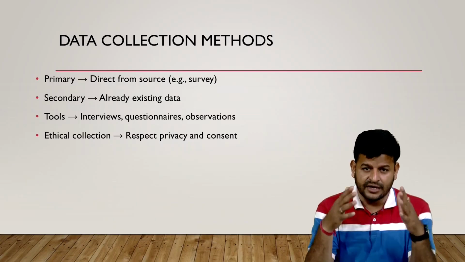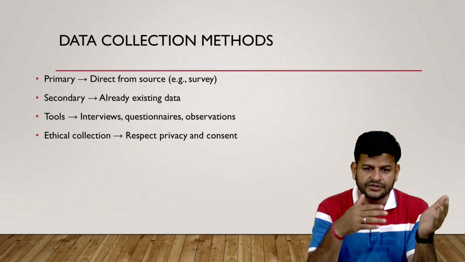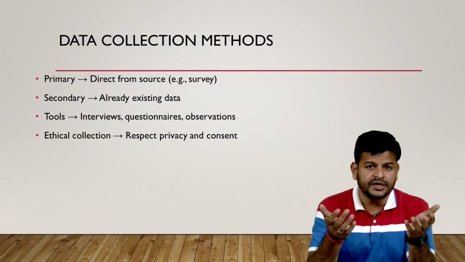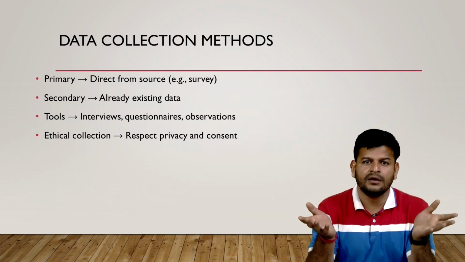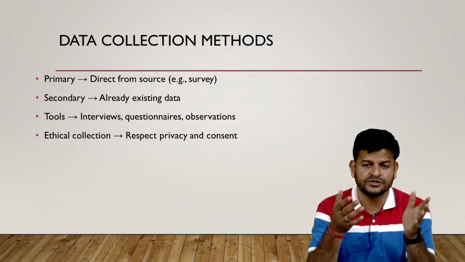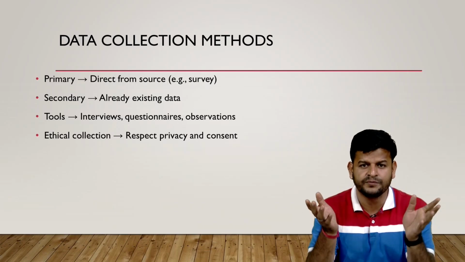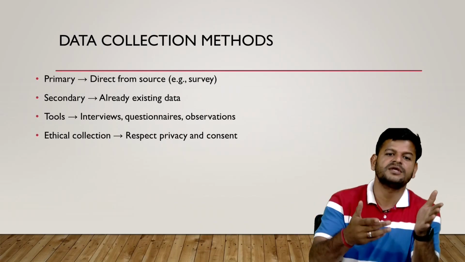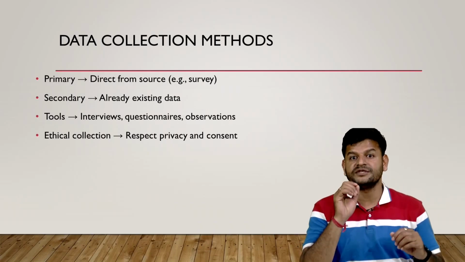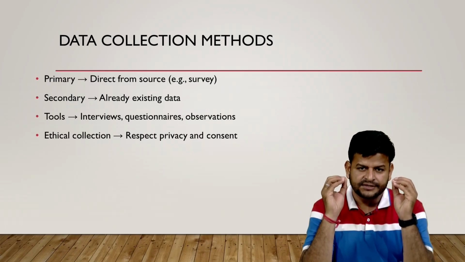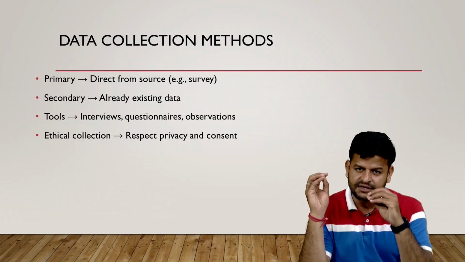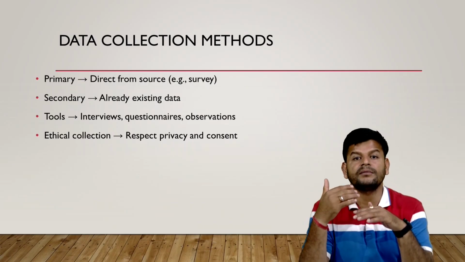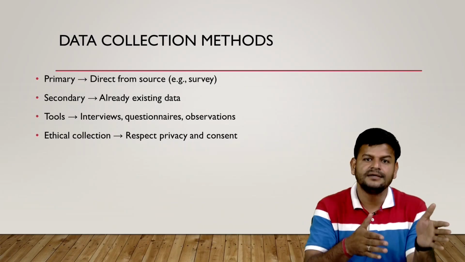Tools: different tools are there, such as interview methods, questionnaires, and observations, like face to face interviews, telephonic interviews, and questionnaires, which we can use with social media, floating them in our groups, or other different tools to float the questionnaire, and personal observation. Even if we have concerns very much related to psychology, many times observation plays a pivotal role in doing that research.